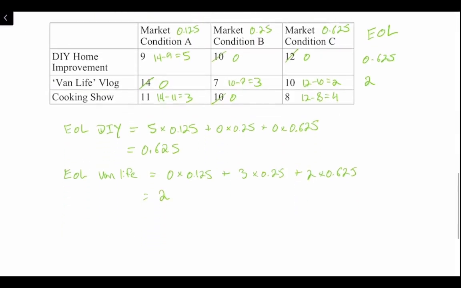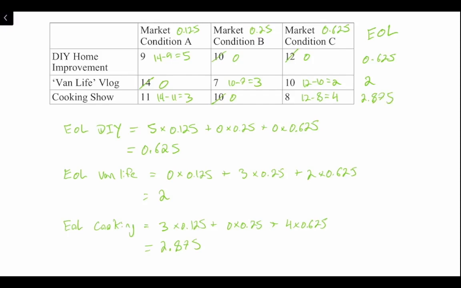And then finally for our cooking show, EOL cooking, well, this is 3 times 0.125 plus 0 times 0.25 plus 4 times 0.625. So 3 times 0.125 plus 4 times 0.625 gives us 2.875.